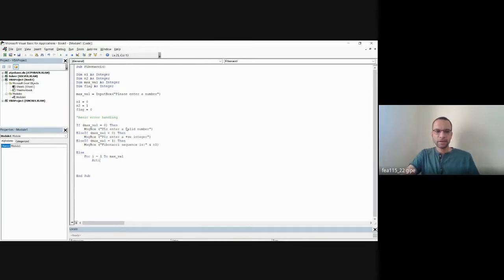So we can have an active cell dot, and I need one after the other, right? So there's something called offset. Yeah, offset. And I have row wise. So my rows will keep on changing, but my column will be 0, because I just have one column.